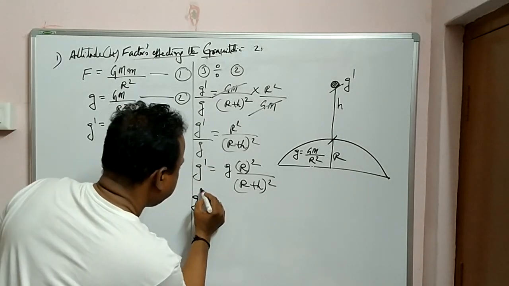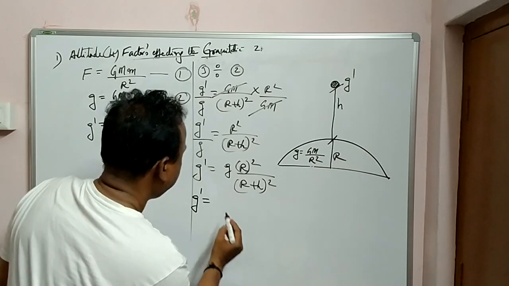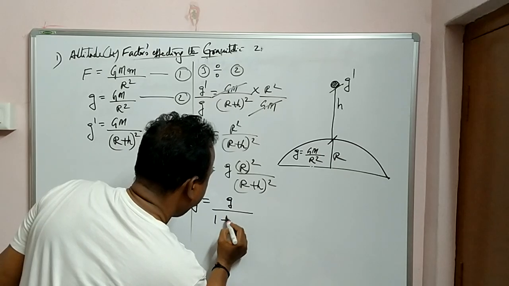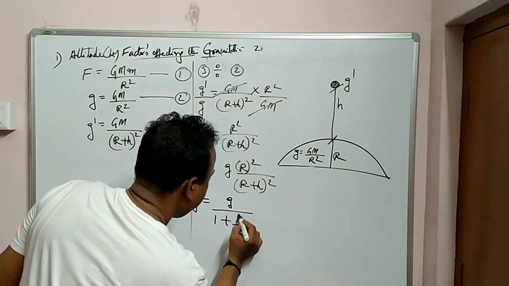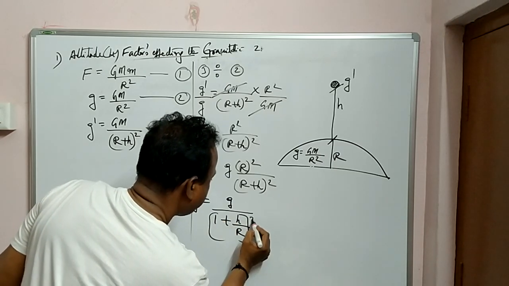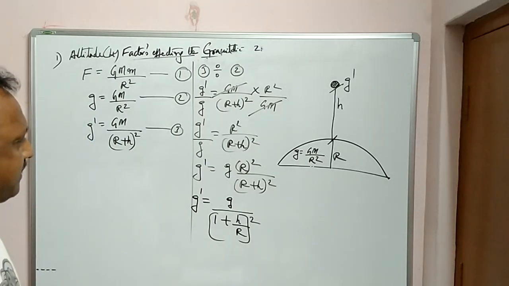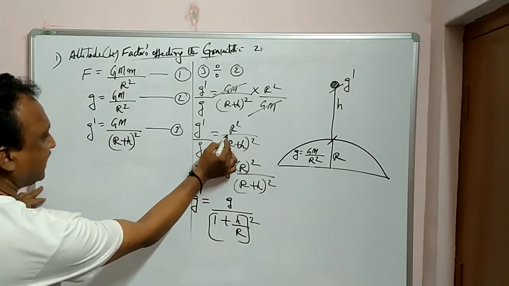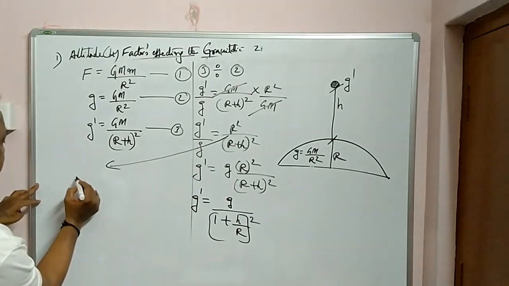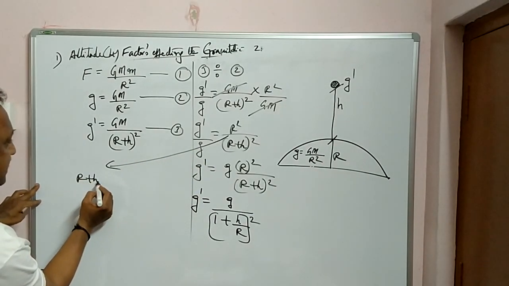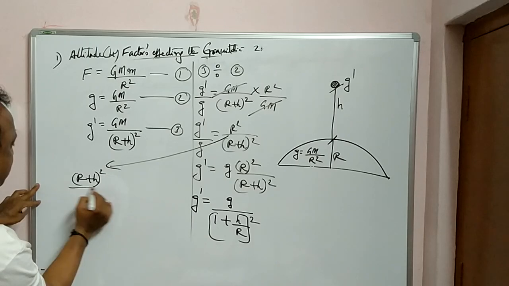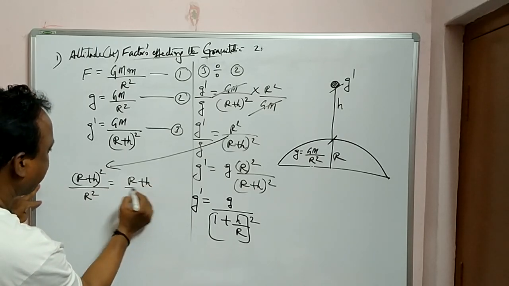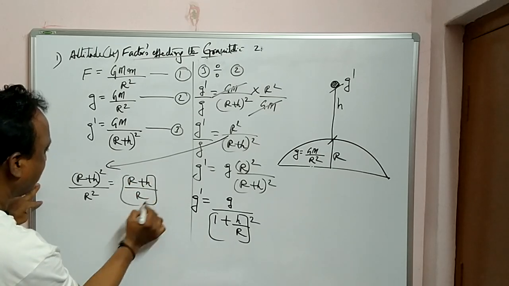I can write in this fashion. G dash is equal to g by 1 plus h by R whole square. Can I write it or not? Please check it. Because look, R plus h whole square by R square, I can write like this, R plus h by R whole square.